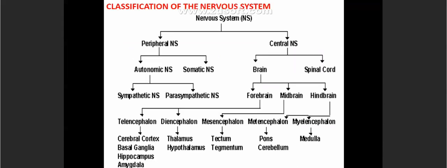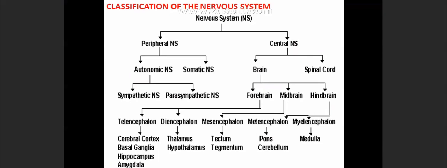So the peripheral nervous system, if you look at this diagram, is divided into two, going to the skin or periphery of the body: autonomic and somatic. The autonomic nervous system controls parts of the body which are not under the direct conscious control of the CNS.